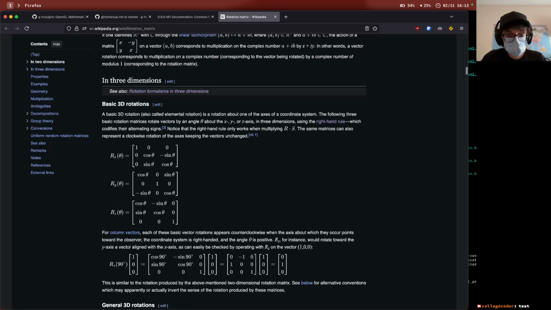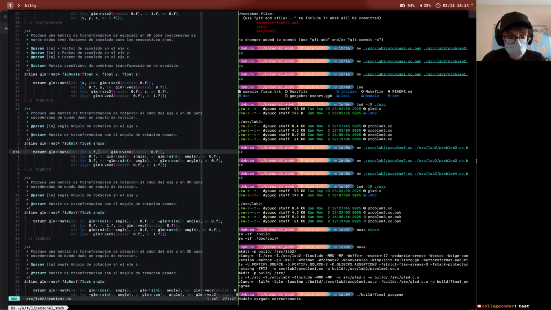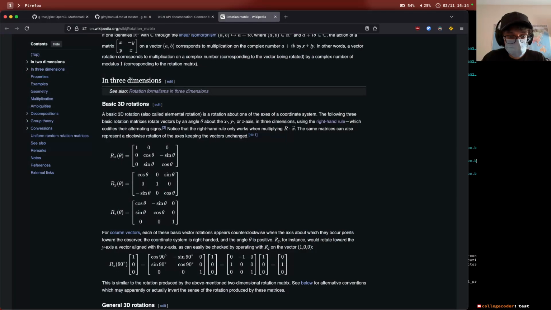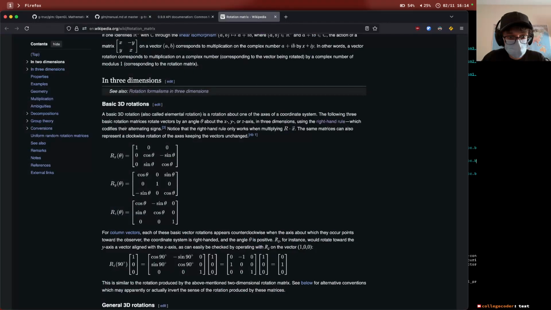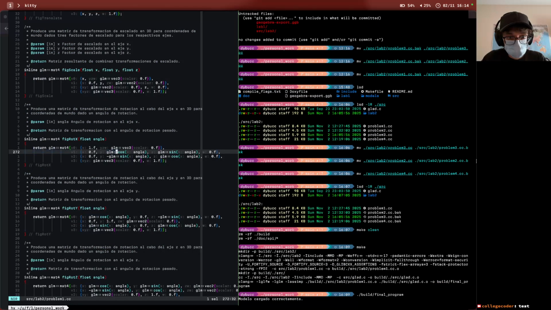On the x-axis, these are using the right-hand rule. As the right-hand rule only works for multiplying R times x, the same matrices can also represent a clockwise rotation of the axes keeping the vectors unchanged. Right, sure. So on the x-axis, I'm going 1 and 3 zeros. Then for the second column, I'm going 0, cosine, and sine. And I think that's a problem.